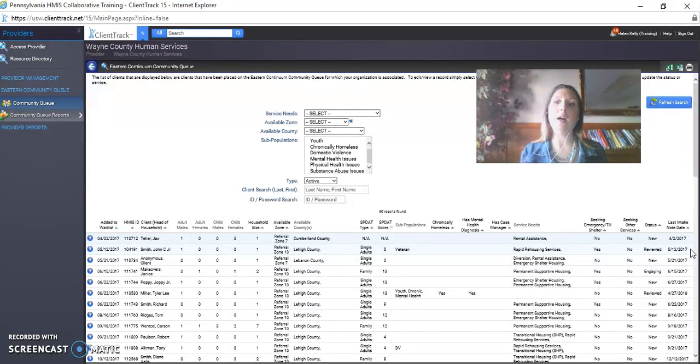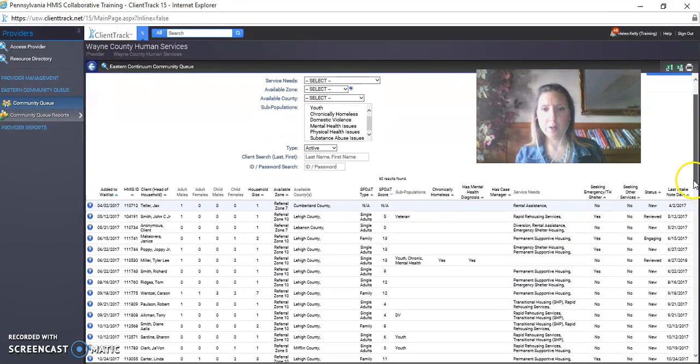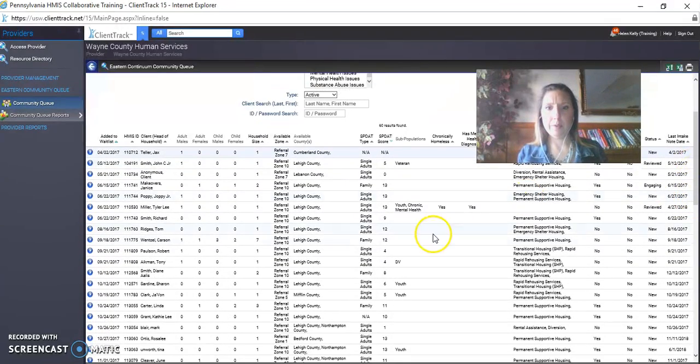If you go on and you see that the last note was by one of those specialists, that will probably prompt that an action is needed on the provider side to try and address something with that client, either because they're new or their situation changed or whatever the case may be. So that would be another trigger for you to go in and check and see what's going on with that person.